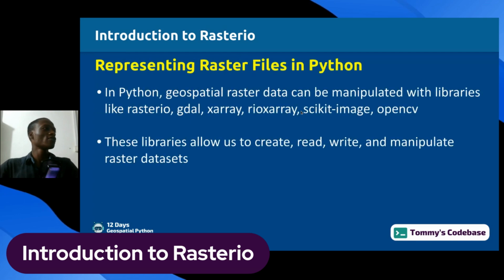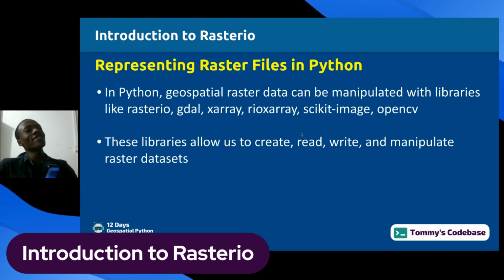So let us also look at how we will represent raster files in Python. In Python, geospatial raster data can be manipulated with libraries like Rasterio, we have GDAL, we have XArray, and then rioxarray. I don't know how you pronounce it, but that's how I choose to pronounce it.